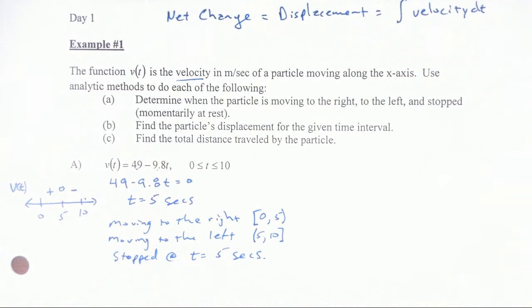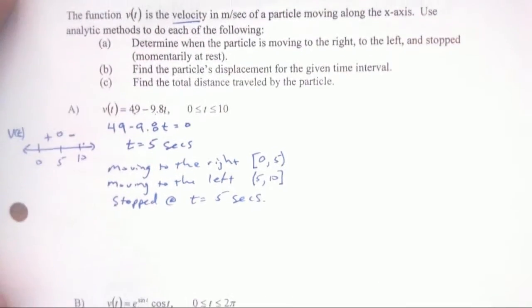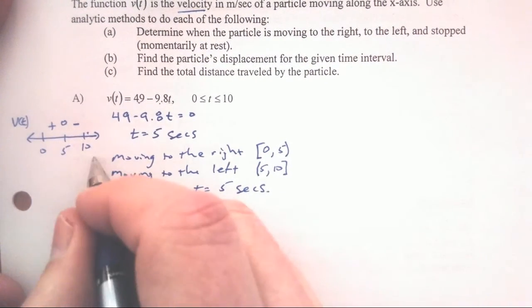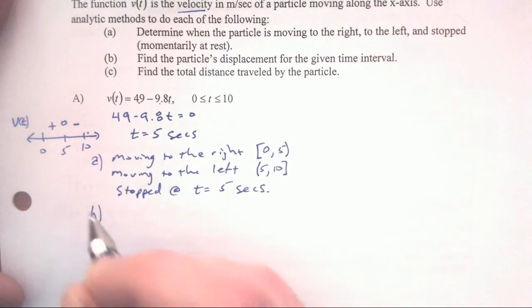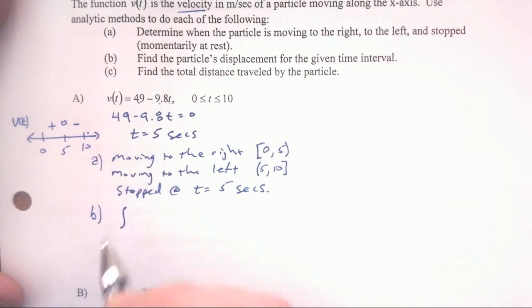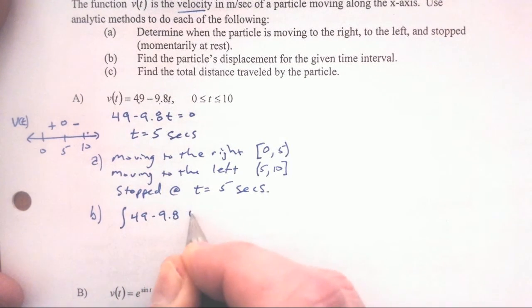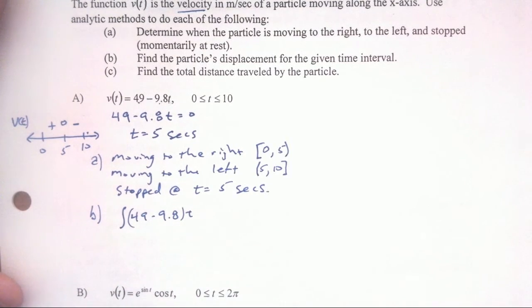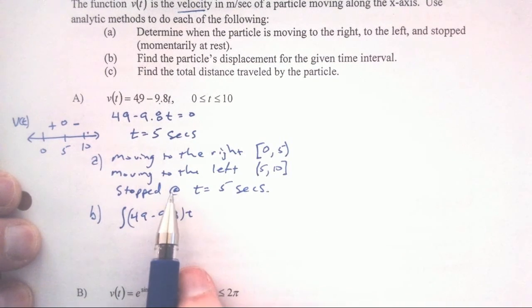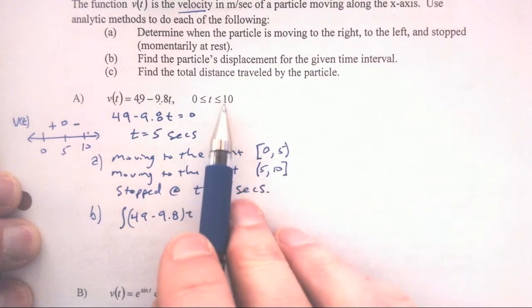Okay, find the particle's displacement. That's the easy part if integration is cooperative. So here's A, here's B. I want to know the integral of 49 minus 9.8t from 0 to 10 seconds.